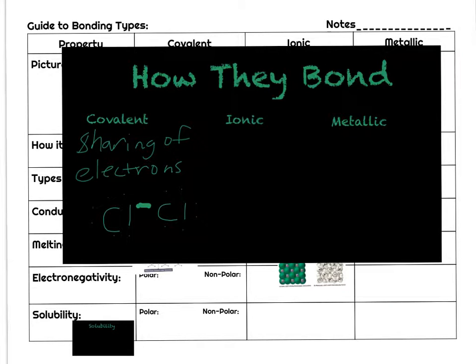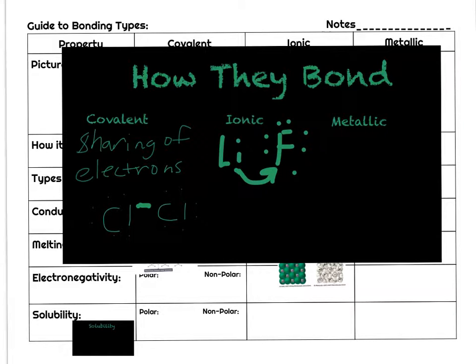So when we have an ionic bond, basically what's happening is we have something like lithium, and it has one electron like this, and then we have something like fluorine that has 7 electrons, and lithium gives this electron away here.